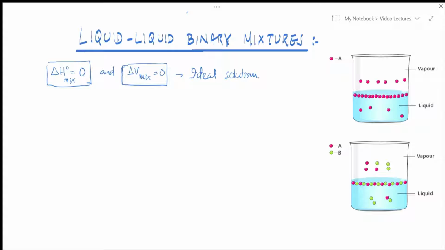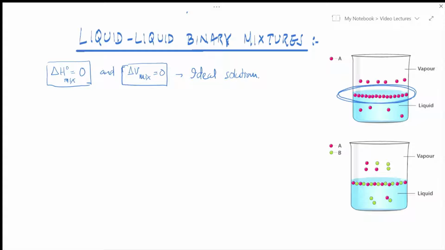Now, because we have two liquids mixed with each other, the surface fraction which each liquid gets will be proportional to the mole fractions. Prior to mixing, as you can see here, the entire surface area of the liquid is occupied by molecules of one kind, of that liquid only. So the entire surface area is available for vaporization.